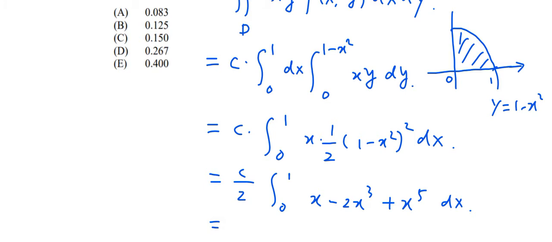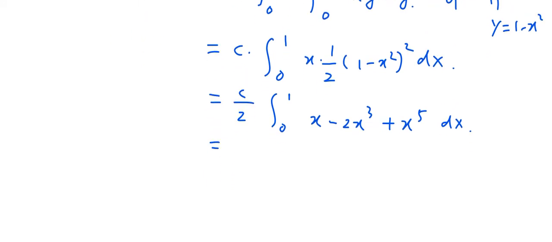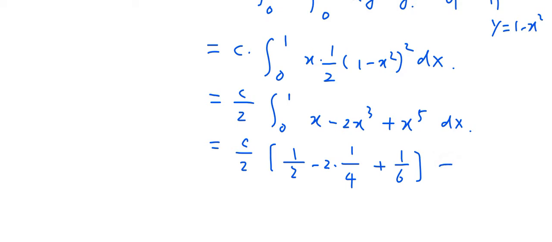So this integration is 1 over 2 minus 2 over 4 plus 1 over 6. Simplifying, this equals c over 12.